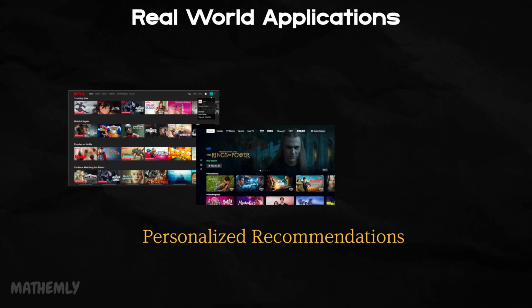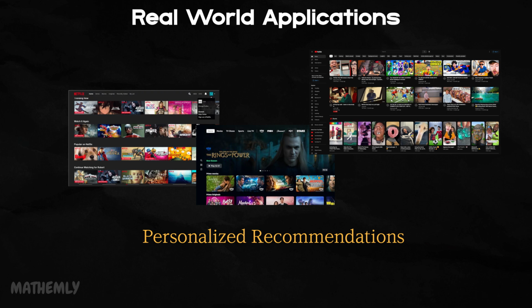From Netflix to Amazon, neural networks analyze your preferences and behavior to recommend movies, products, or music you're likely to enjoy. These models adapt as you interact more, making your experience smarter and more personalized over time.